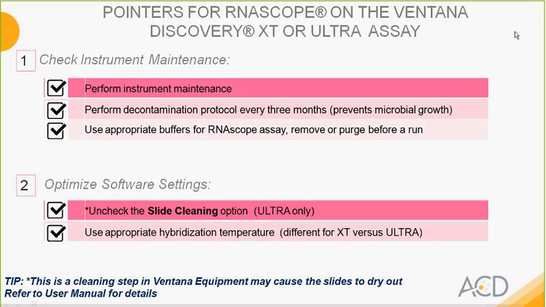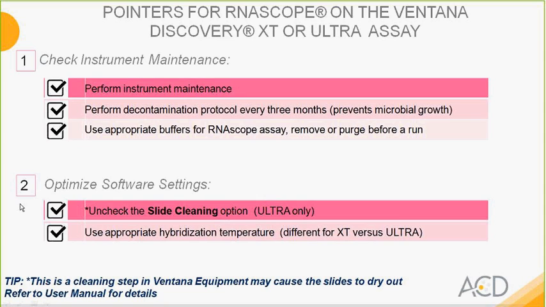For the VENTANA Discovery XT or Ultra assays, this is the information that we found useful. Perform instrument maintenance, and perform decontamination protocols frequently. It is recommended to perform this every 3 months, using appropriate buffers, and remembering to purge reagents before a run.